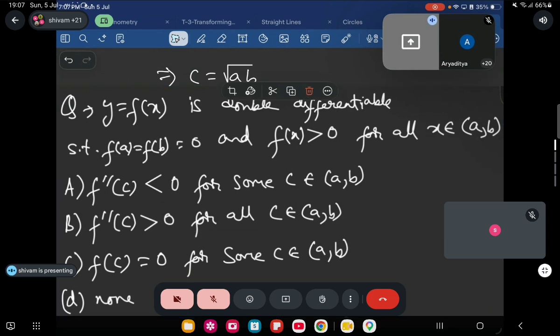Is this single or two correct? Single correct type.